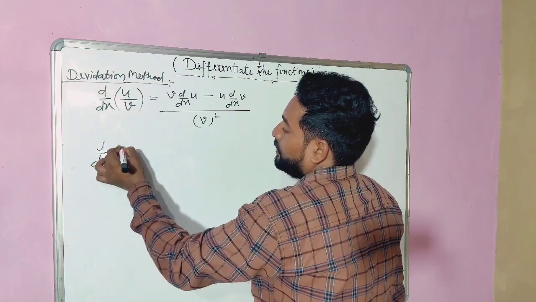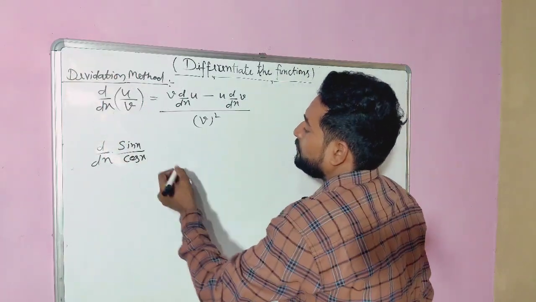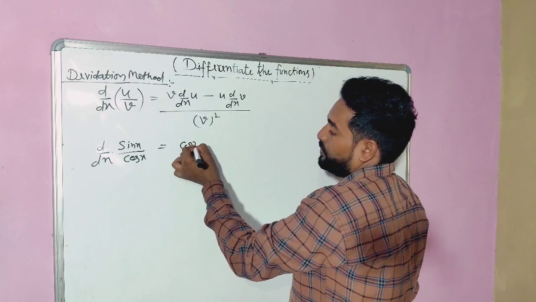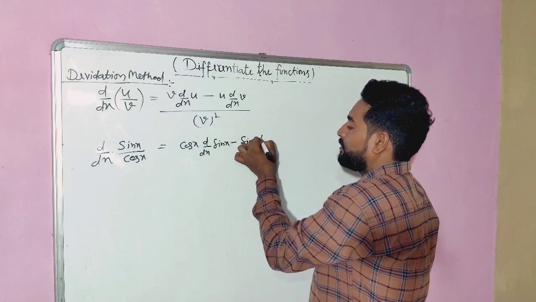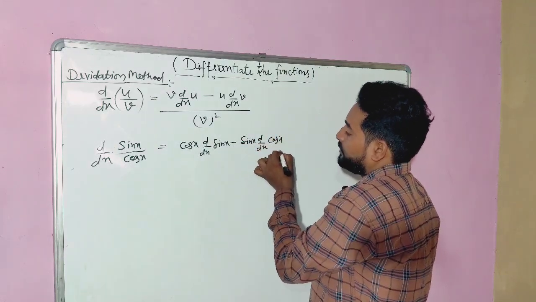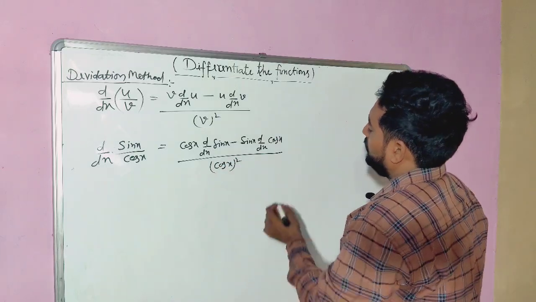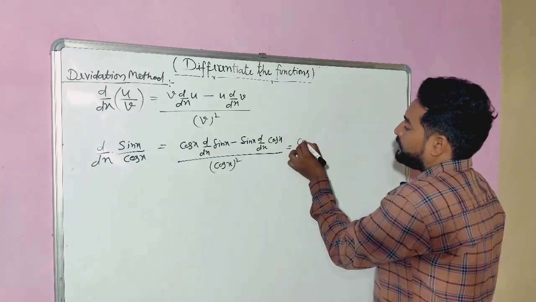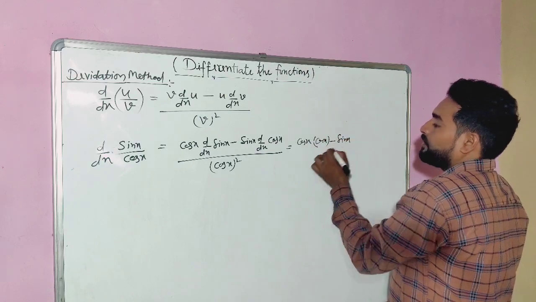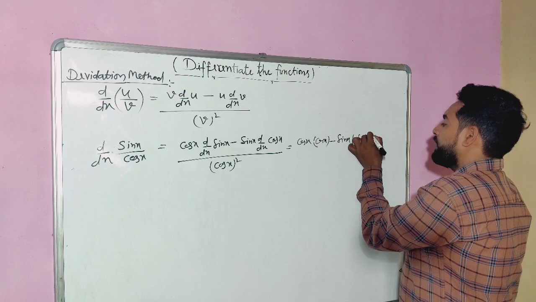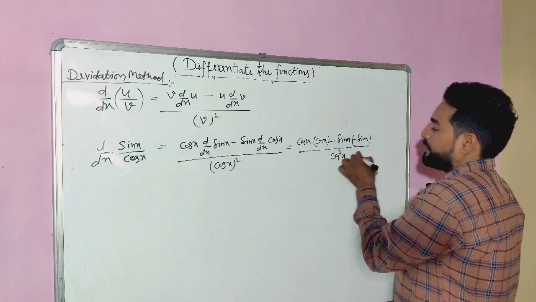d upon dx sin x upon cos x is equal to cos x d upon dx sin x minus sin x d upon dx cos x, upon cos x whole square. cos x into cos x minus sin x into minus sin x, upon cos x whole square, which is cos square x.